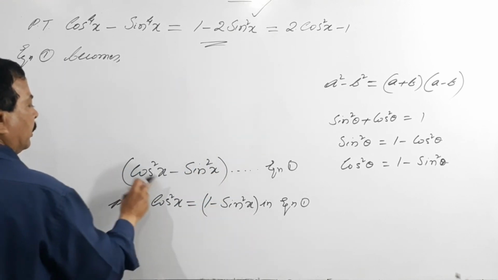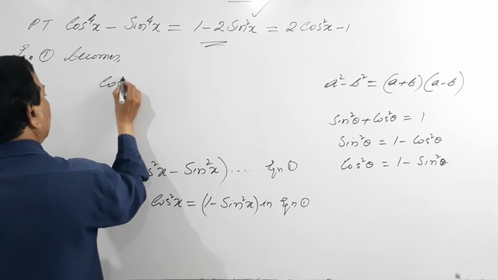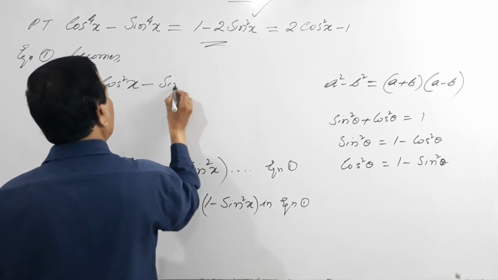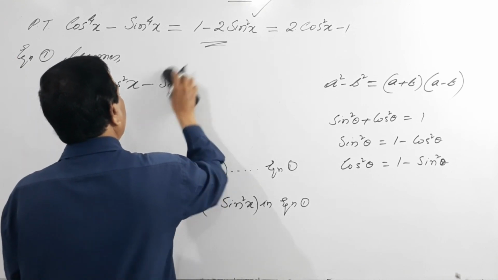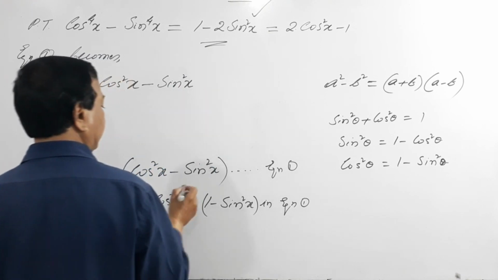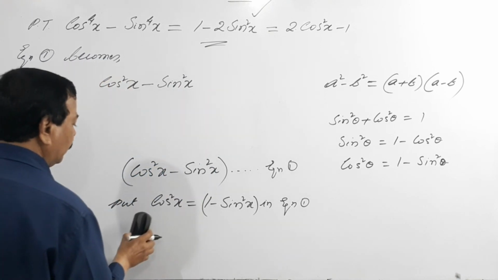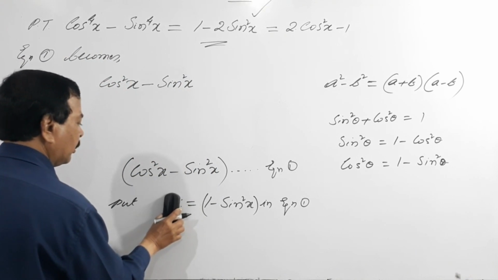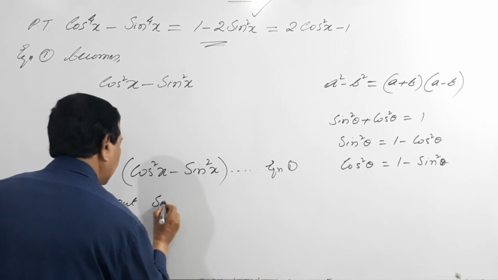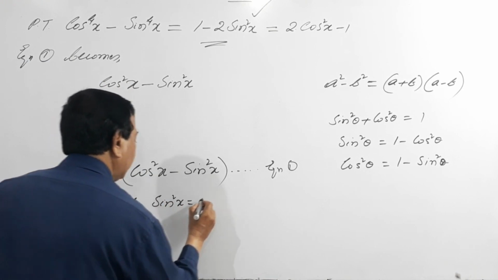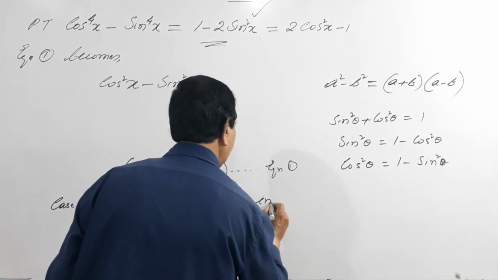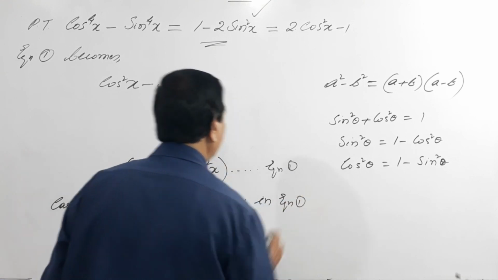So now equation 1 what? That is cos square x minus sin square x is equal. Now what I'll do, put sin square x equals to 1 minus cos square x in equation 1.